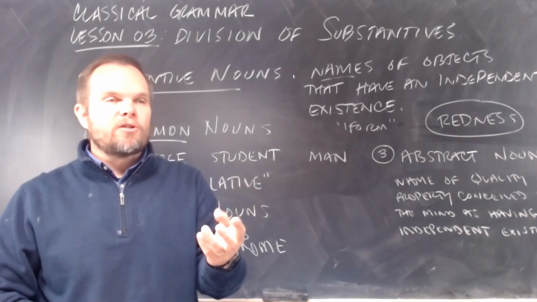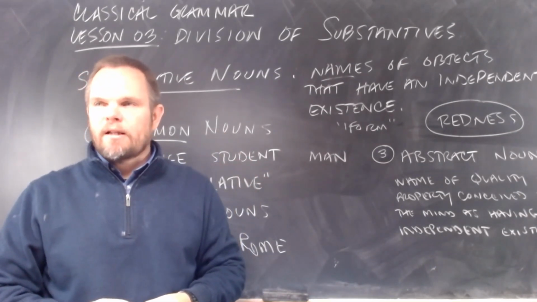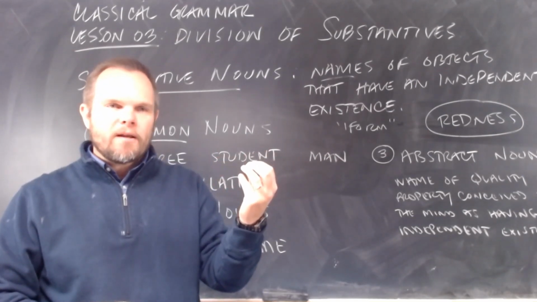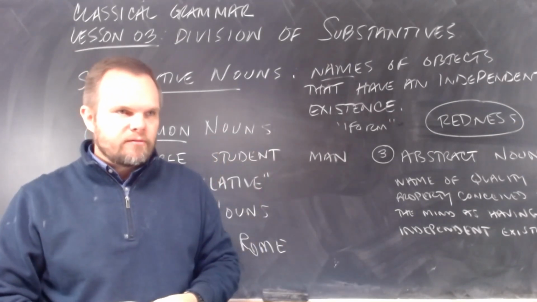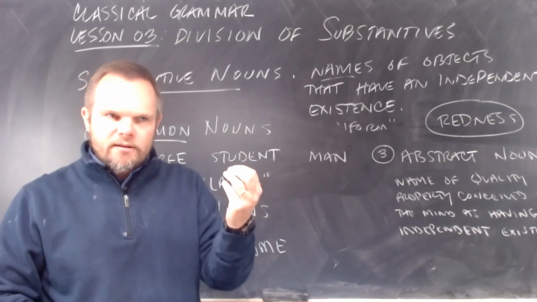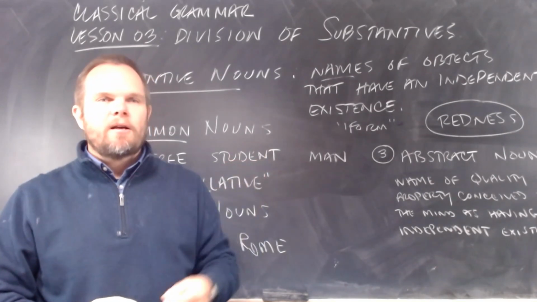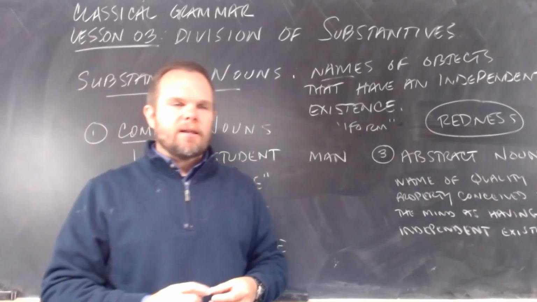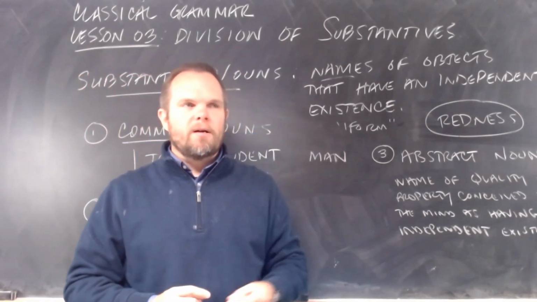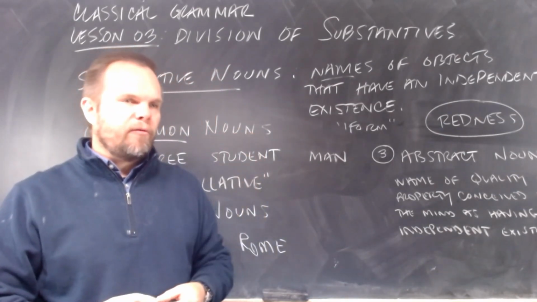If I asked you, what would the perfect man be like? If there was some pattern that existed, some form, some perfect man, what would that man look like? What would that man be like? That would be the form of man, what it means to be man in its perfect form.